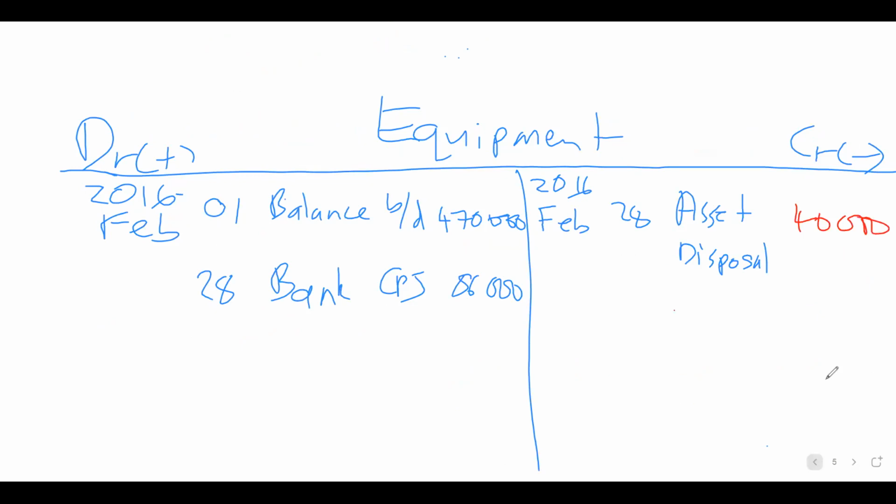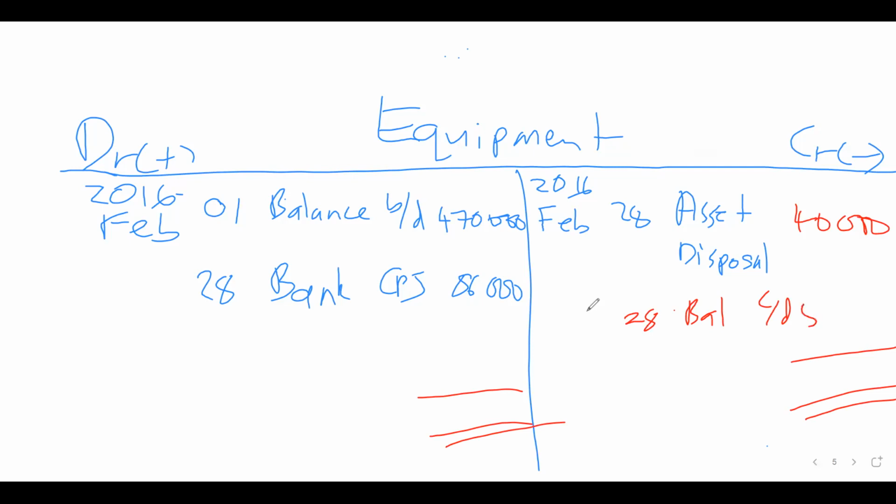Then you get your balance at the end of the year, which is balance carried down. Does it make sense? That balance carried down, do you know how much it's supposed to be? 516,000. That's what you're supposed to have there.